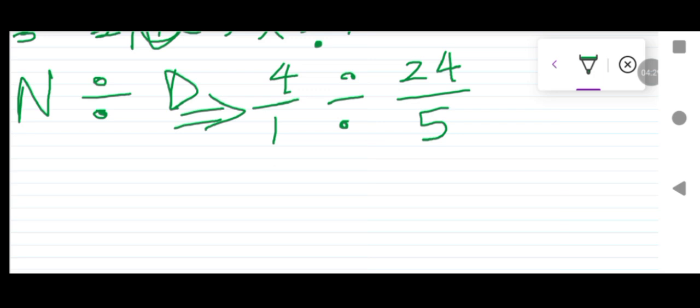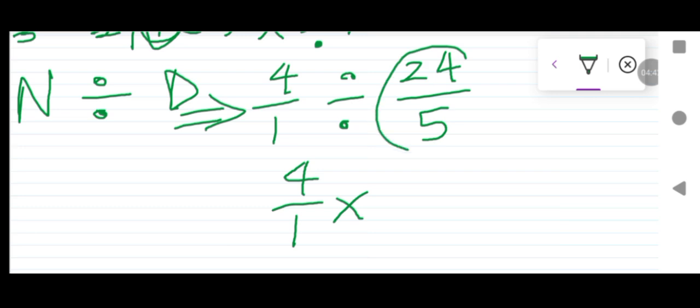So what you want to do now is this: your division will change to multiplication. And if that happens, you are going to have it as 4 over 1 times, and this will reverse. Since you are changing the division to multiplication, this will reverse, and that reciprocal is 5 over 24. So again, we can see numerator and denominator, which value can divide. 4 can divide that, right?